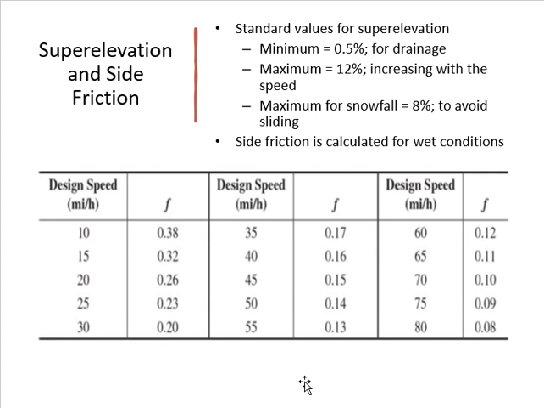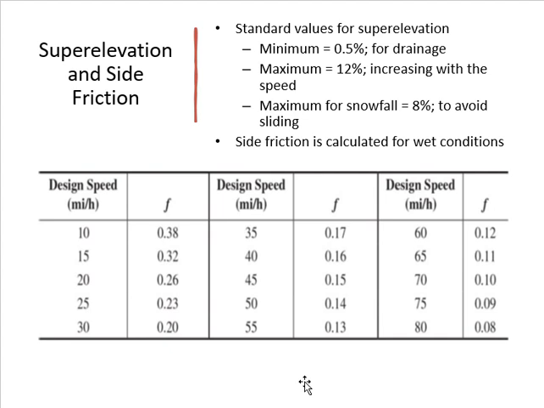Anyways, so we had F and E. The minimum value of E is 0.5%. This is only given for drainage. So you have a turn which is very low speed, and we don't want any super elevation to resist the forces, as the forces are negligible. But I will still give a small super elevation for the purpose of drainage.